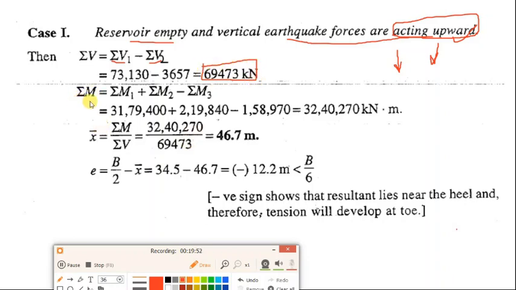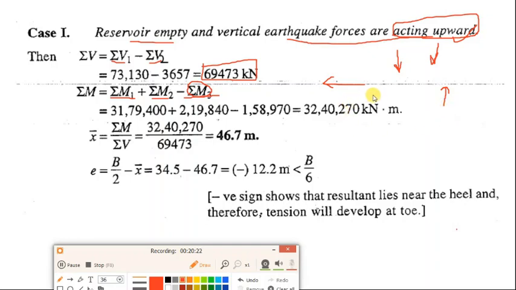Similarly, summation of all the moments: summation M1, which is anti-clockwise moment, summation M2, which is anti-clockwise moment, because we have considered it like this, horizontal force from downstream to upstream, and summation M3. Since we have considered upward, the summation M3 will be negative because it will be producing clockwise moment.